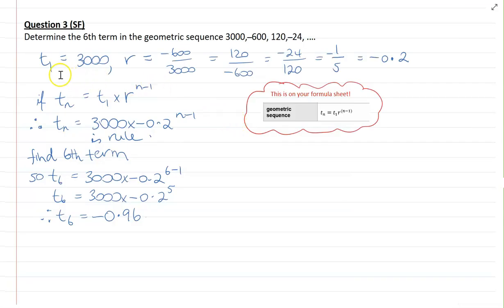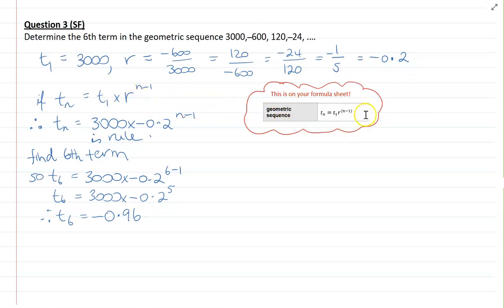So the first thing I would have written down is that the first term is 3000. And then following that, I want to calculate my common ratio R. No matter which combination of consecutive terms, you should end up with a common ratio of -0.2.